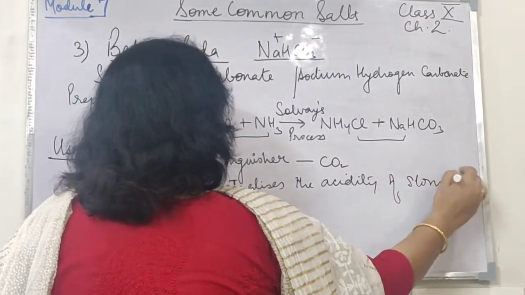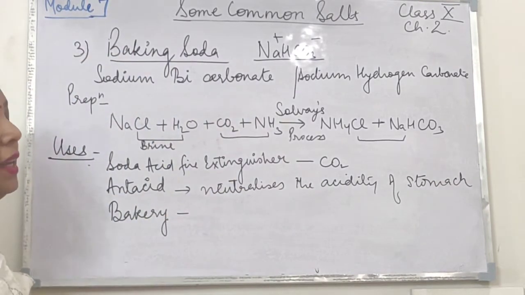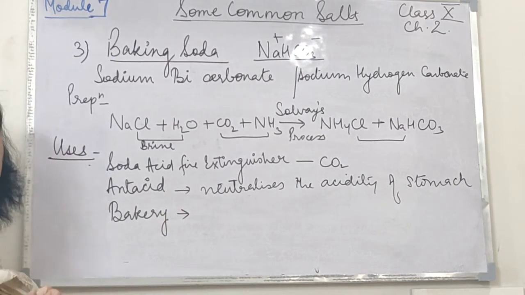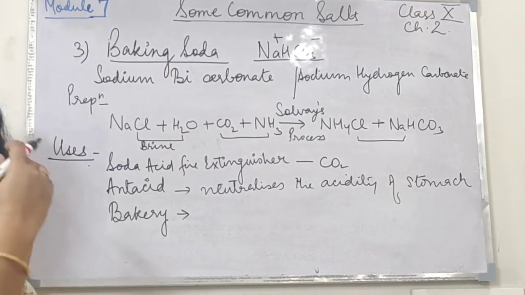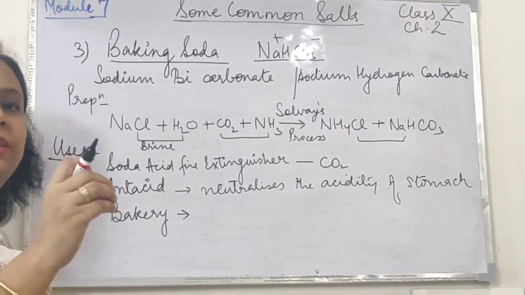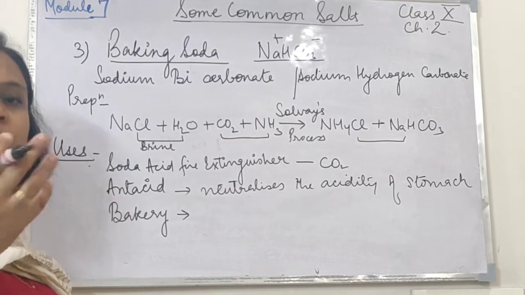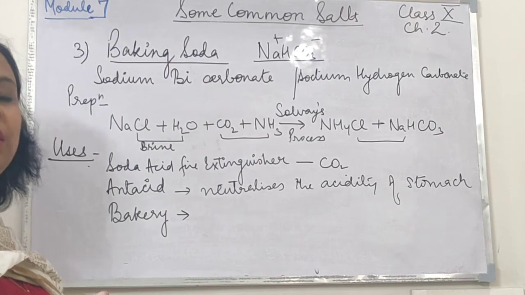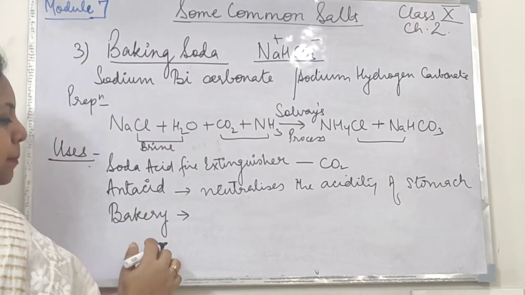Now one more very important use is the use of baking soda in bakery industry or baking purpose. I told you that for quick cooking and fast results, your mother often puts some baking soda in boiling rajma or chola, or sometimes in idli, dhokla batter and all. Now what happens when baking soda is used?